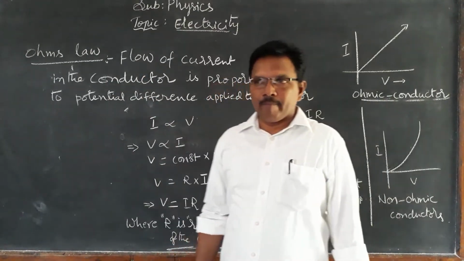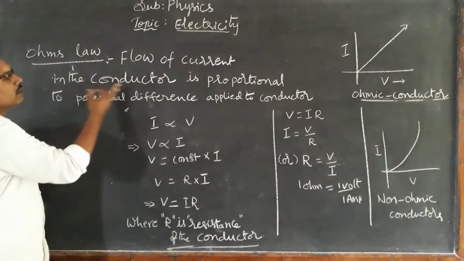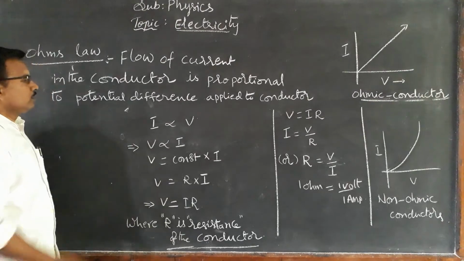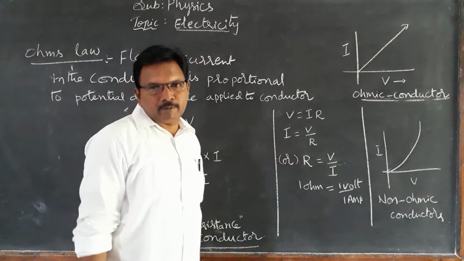What is Ohm's law? As per the definition of Ohm's law, the flow of current in a conductor is proportional to the potential difference applied across the conductor.